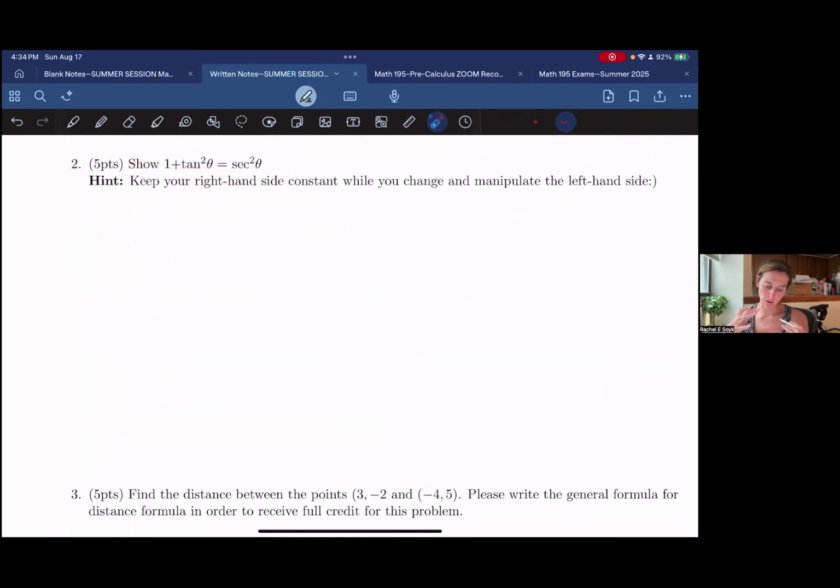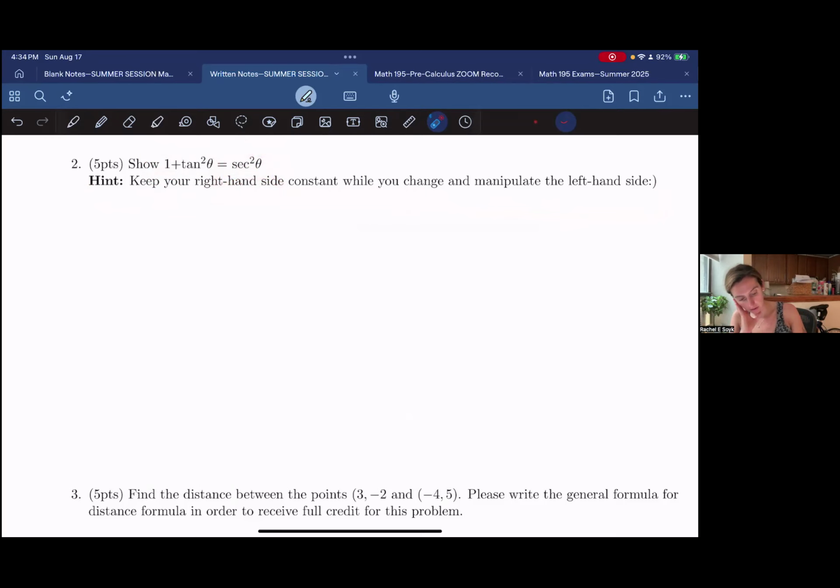And so we want to keep one side constant and then manipulate the other side. My hint for you here is to really keep your right-hand side constant. So don't mess with that secant squared theta, but really try and tinker around with the 1 plus tan squared theta in order to get it to equal our secant squared theta.